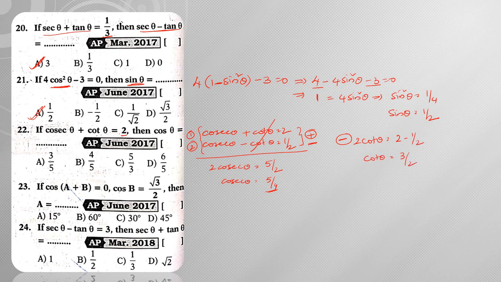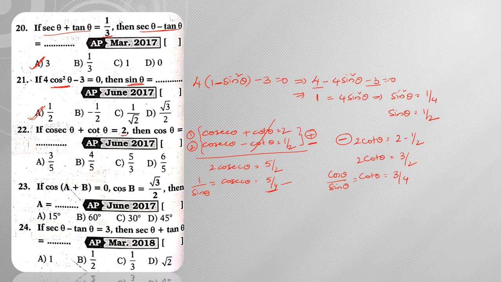So cot theta is equal to 3 by 4. Now cosecant theta is nothing but 1 by sin theta, and cot theta is nothing but cos theta by sin theta.